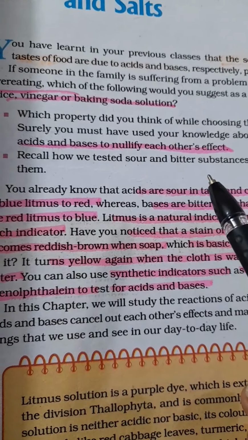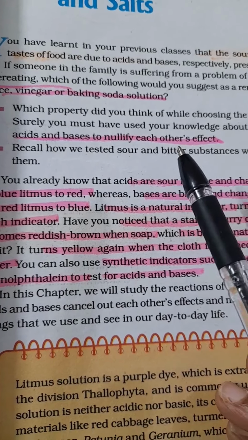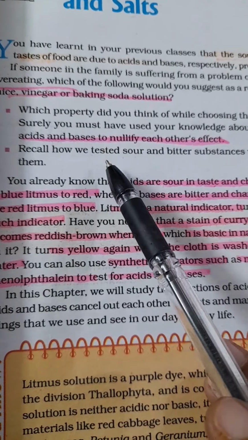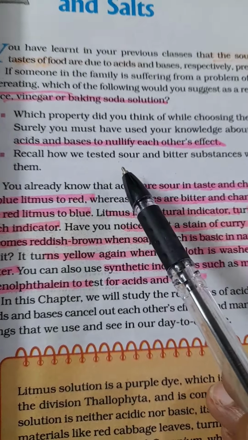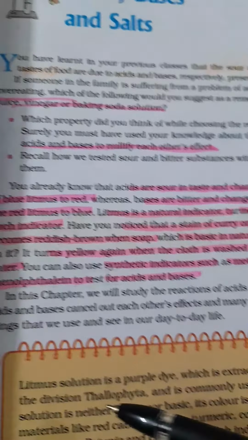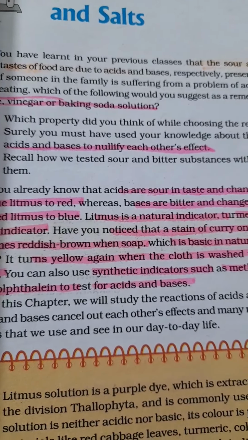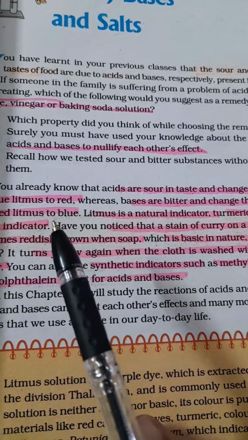Antacids you can consume for the gas formation in your stomach, that will cure it, but mostly in order to nullify the effect of acids, it is neutralized by a base. Now, we will learn more about the reactions of acids, bases and all that, and this is just the introduction of the lesson.